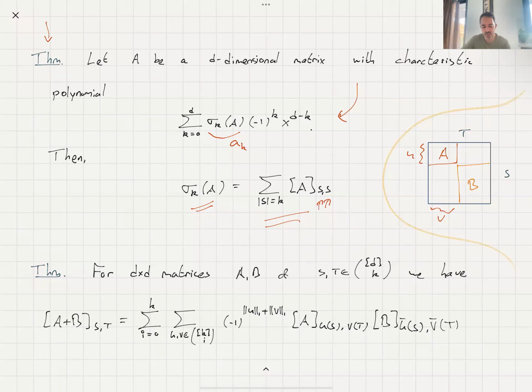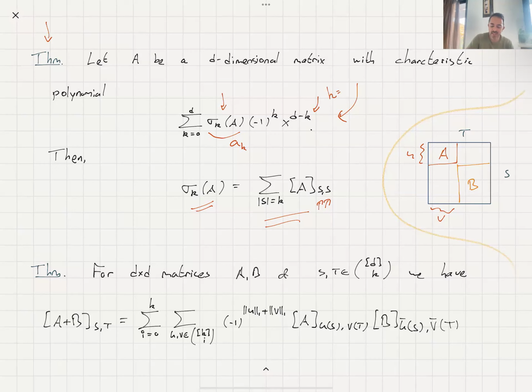For example, when K is 0, it means you look at X to the D, the coefficient should be 1 because it's a characteristic polynomial. And it's indeed 1 because when K equals 0, you look at only subsets of size 0. And we said that in that case, the minor is defined to be 1.